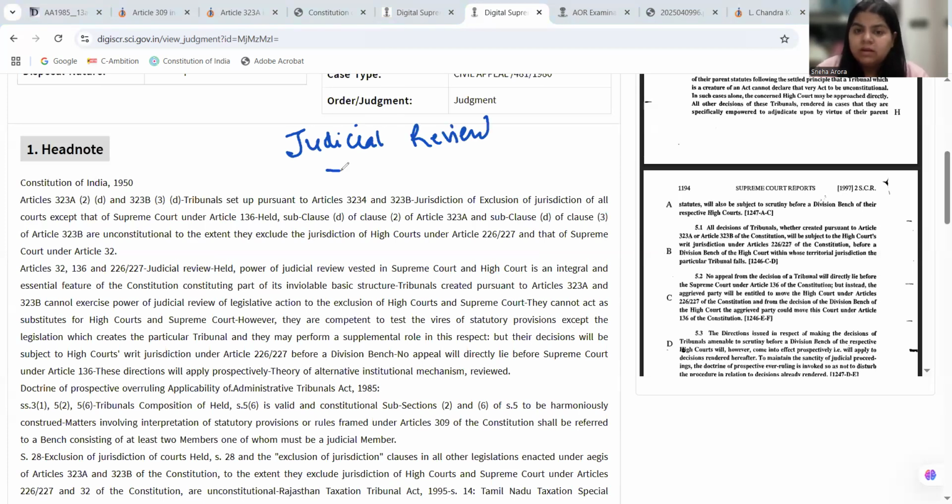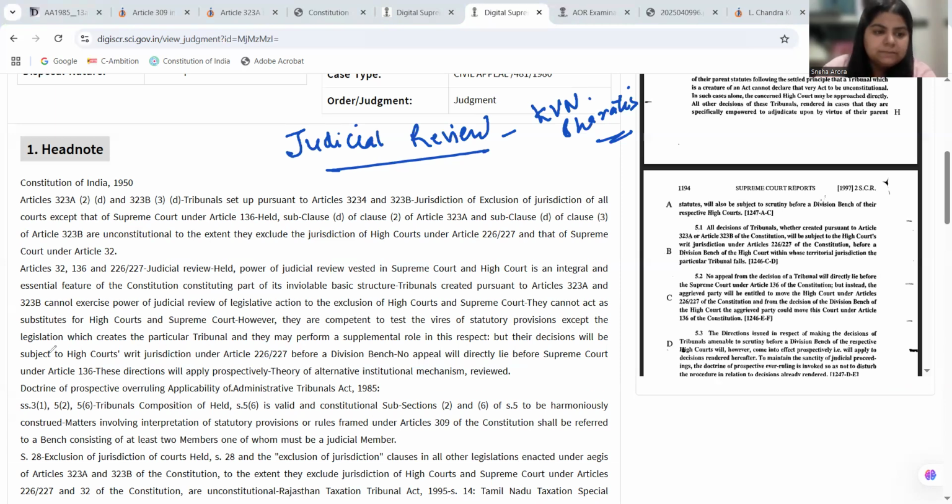So in Kesavananda Bharati, the court is looking at Kesavananda Bharati's judgment, and many other judgments, of course, which provide that judicial review is an inherent feature of Indian polity, of the Indian legal system. And when you bar the Article 226 jurisdiction of the High Court, you are basically violating the basic structure as well.